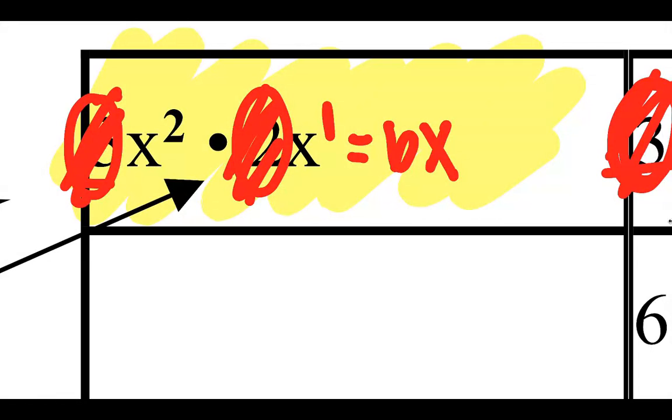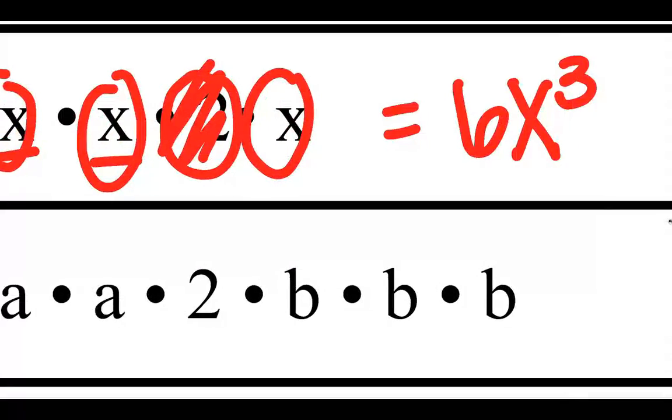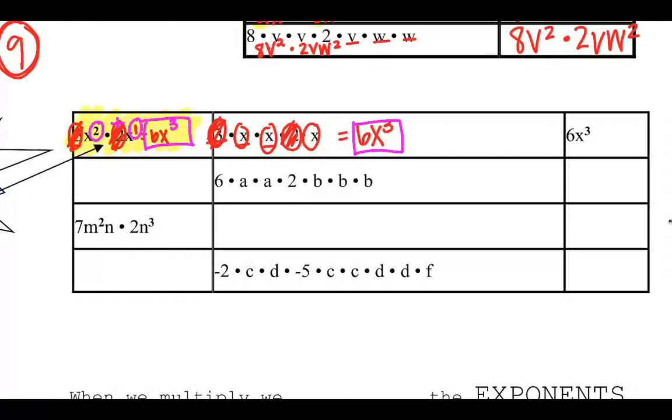You add the powers. You add the exponents together. So you keep the same base and you add the exponents. So the exponents here are 2 and 1. So I'm going to add those exponents. 2 plus 1 gives me 3. So this is 6x to the third power, just like what we got over here when I counted all the x's. And that's what it says over here. So that's how you would simplify it further.